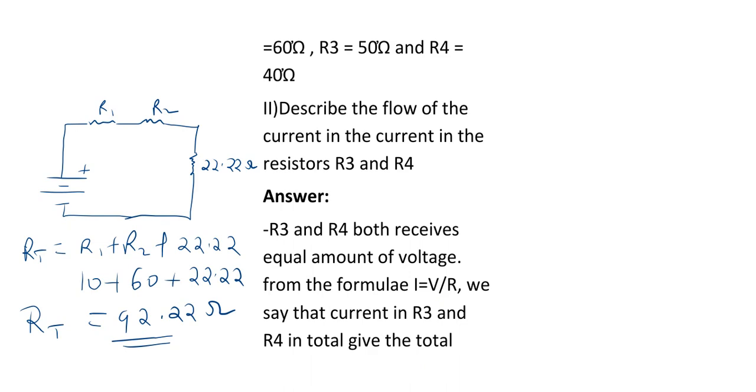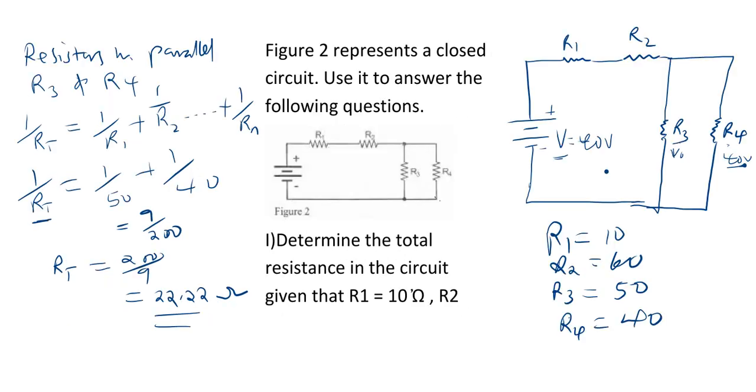the currents in R3 and R4 together give the total current in the circuit. Why? Because the current generated here is the same current that passes through R1 and through R2, but when it reaches this junction, part of it will flow through R3 and part of it will go to R4. Let's call them I3 and I4 respectively.